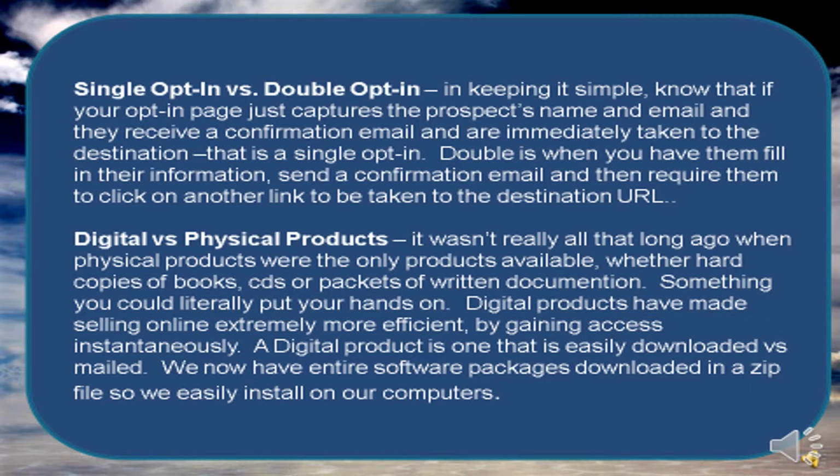affiliate marketers nowadays is that digital products are by far the fastest and easiest things to promote, okay? Because when people are in the buying mode, they're ready to buy now. They want that product right now.